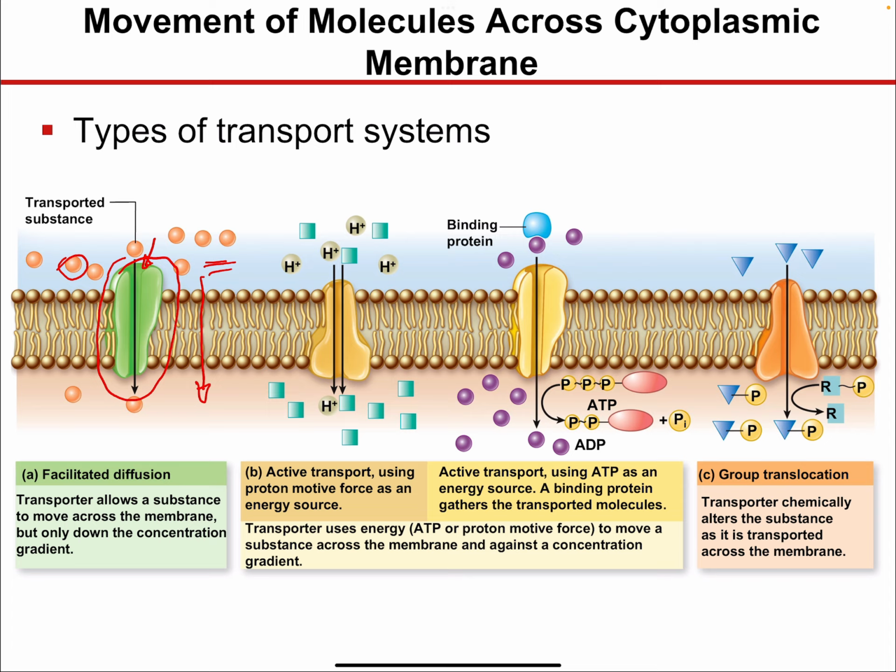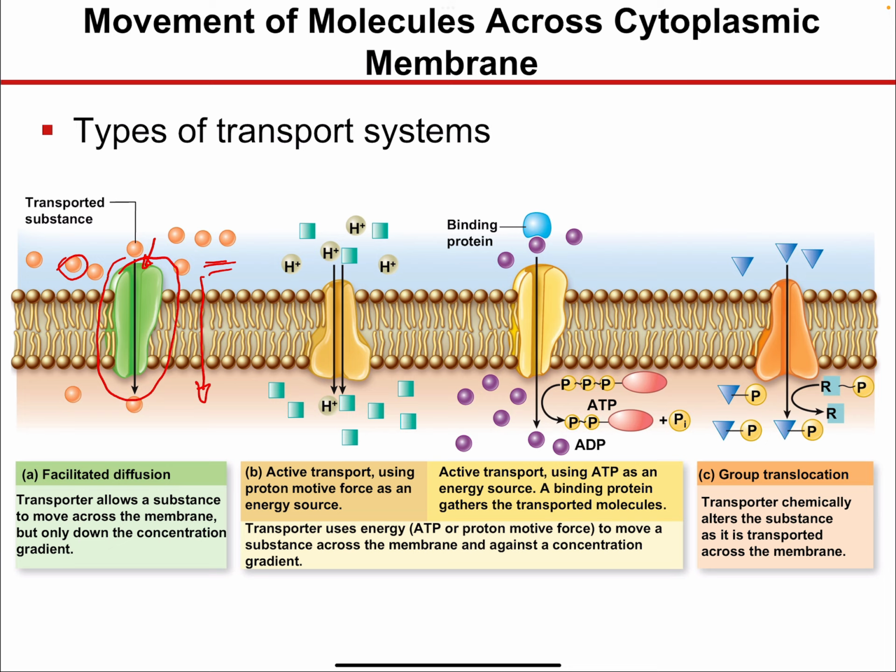Now, this facilitated diffusion, which is a type of transport system, will not require energy. I want you to remember that. It will not require energy. However, a transporter is required, right? And the movement of the chemicals is done from a compartment of high concentration toward a compartment of low concentration.